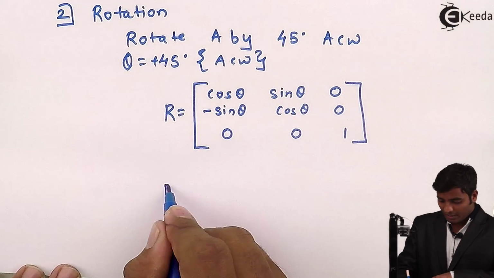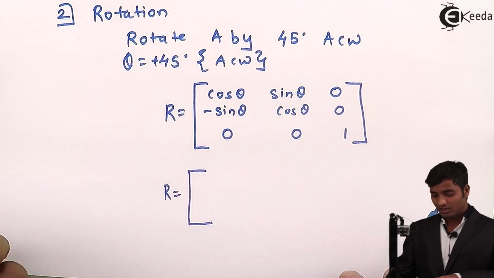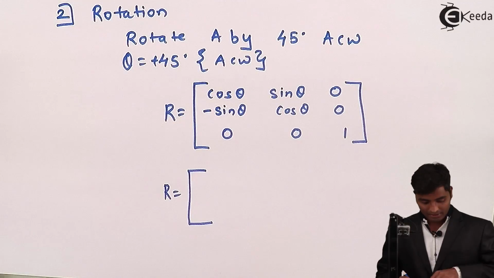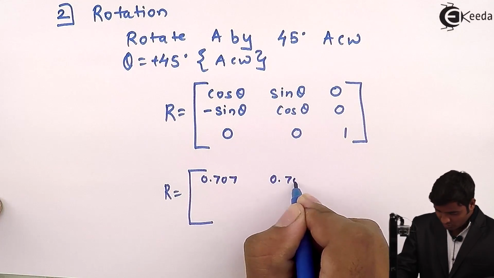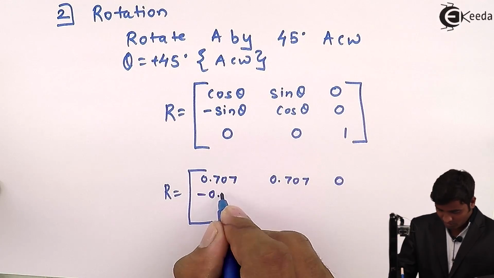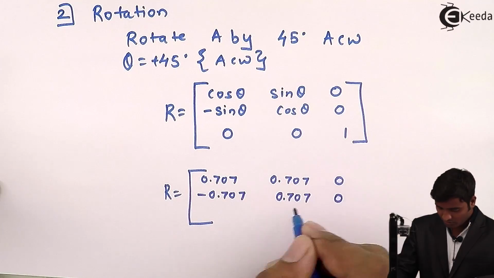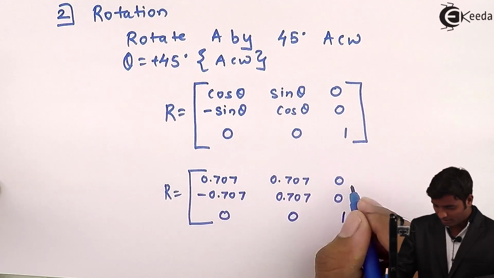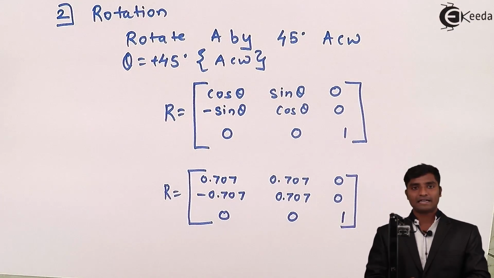Now I will replace the value of theta with 45 degrees. The matrix comes out to be 0.707, 0.707, 0, minus 0.707, 0.707, 0, 0, 0, 1. So this is the matrix for rotation transformation.